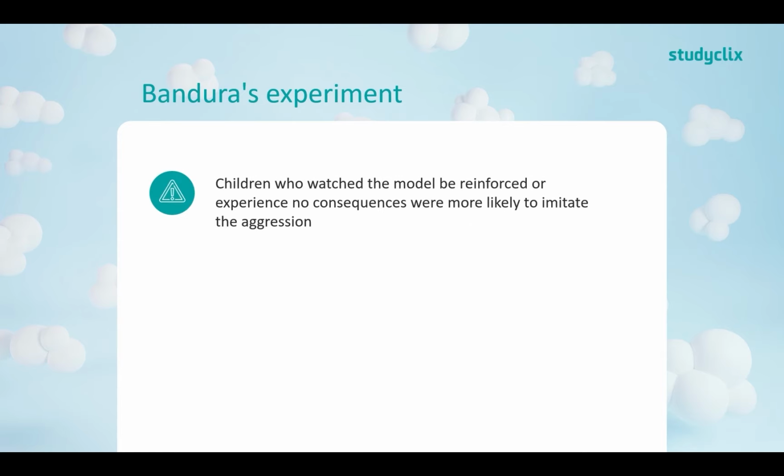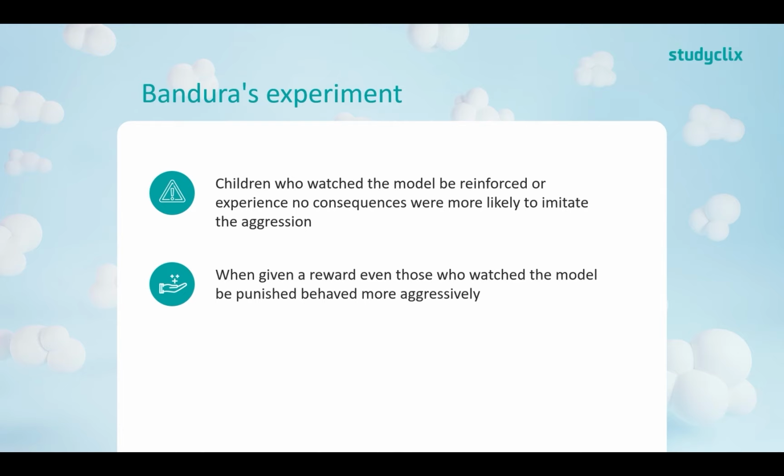So the results of this experiment showed that children who watched the model be reinforced or experienced no consequences were more likely to imitate the aggression. This is compared to that condition of vicarious punishment. When they watched the model get punished, they were less likely to perform this behaviour. However, when kids were rewarded after they performed this aggressive behaviour, they were even more likely to show it.